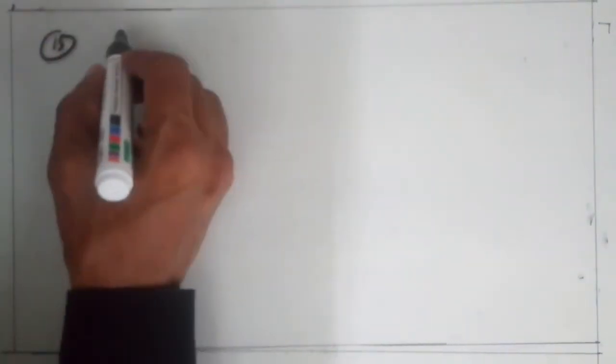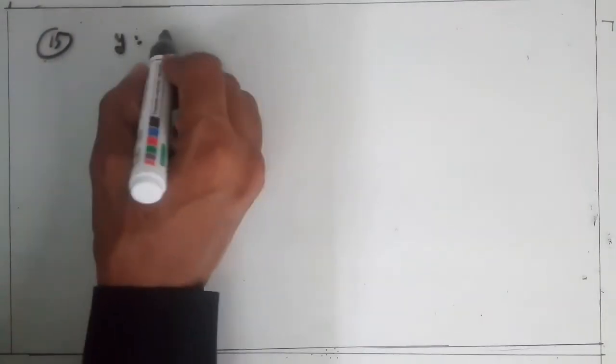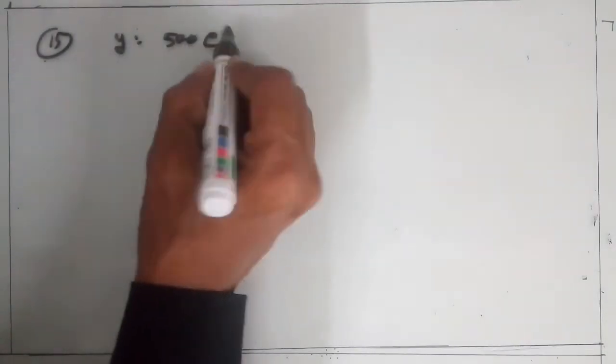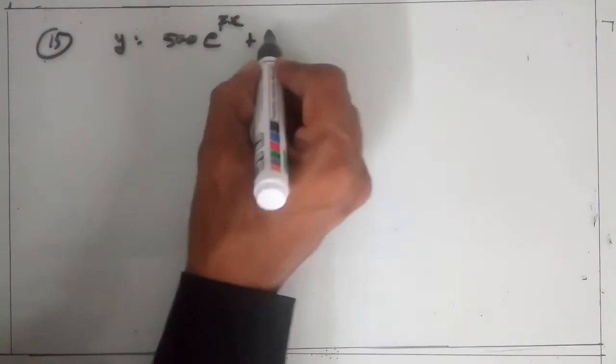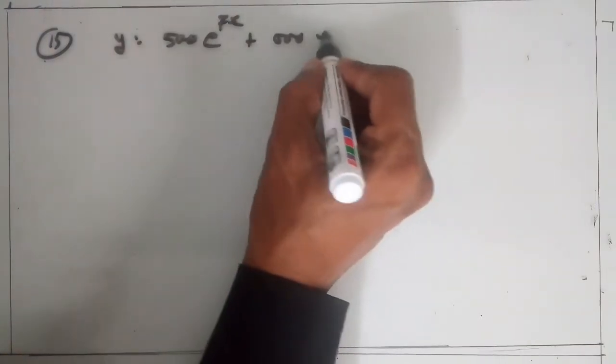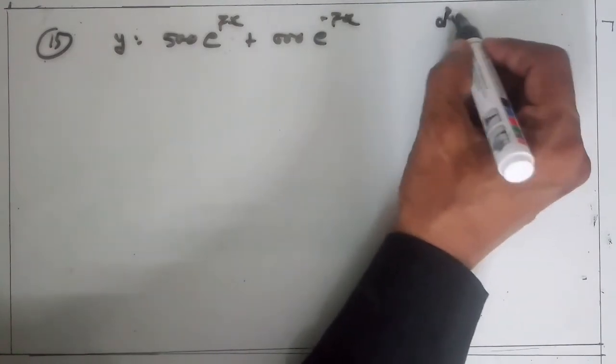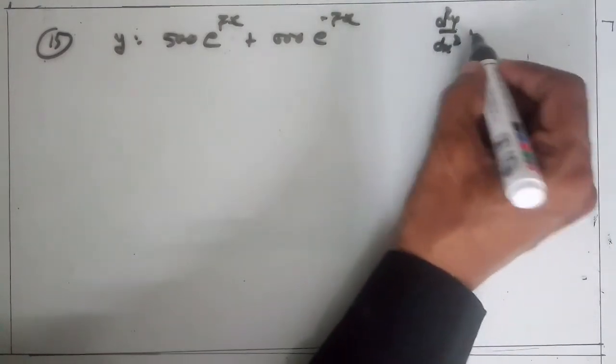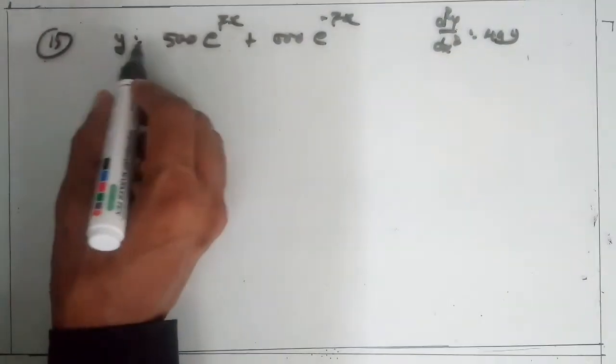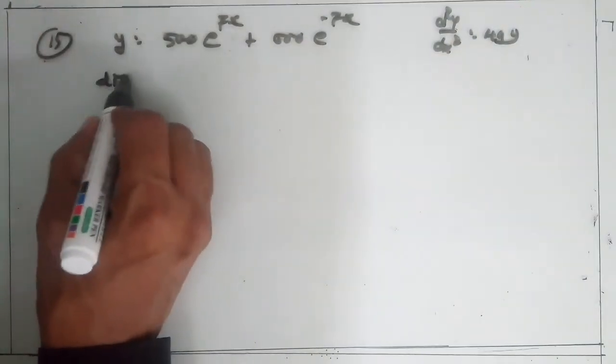Now question number 15. For y is equal to 500 e raised to 7x plus 600 e raised to minus 7x, show that d square y dx square is equal to 49y. Differentiate this with respect to x.